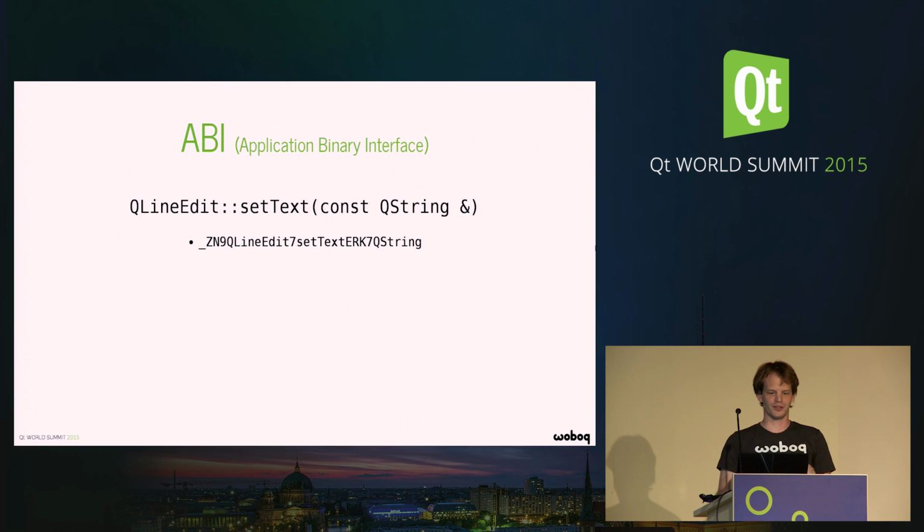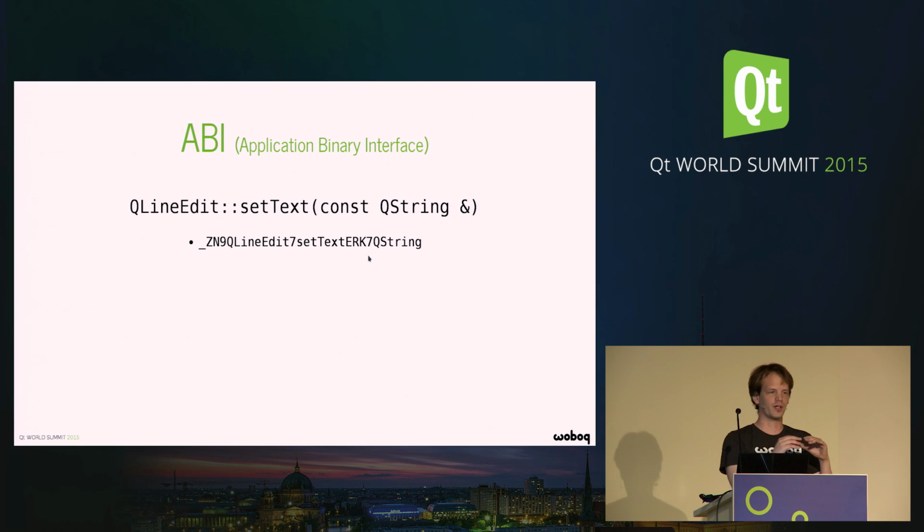To the developer, it looks like nice C++, but to the compiler and especially the linker, because there is overloading and everything, it looks like this, as a symbol. You don't have to understand what this means. It's mangled. But the point is that the arguments are in there.